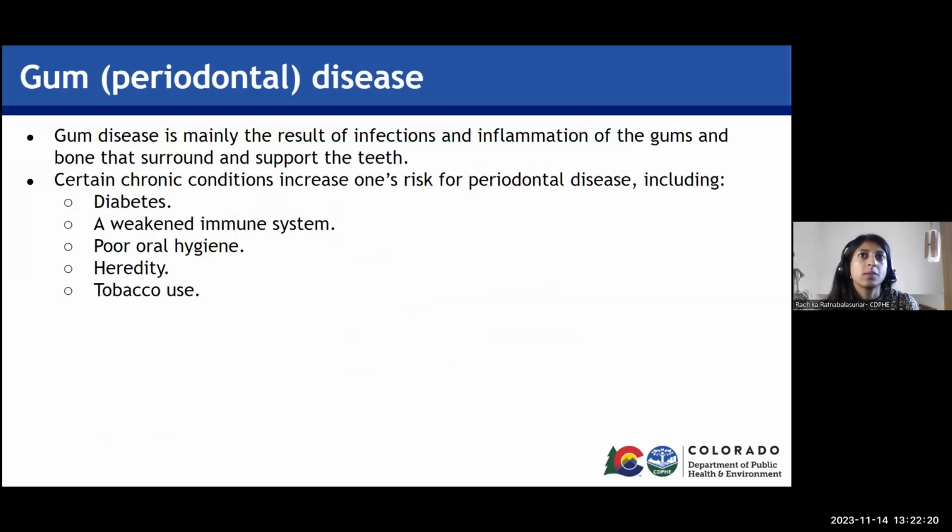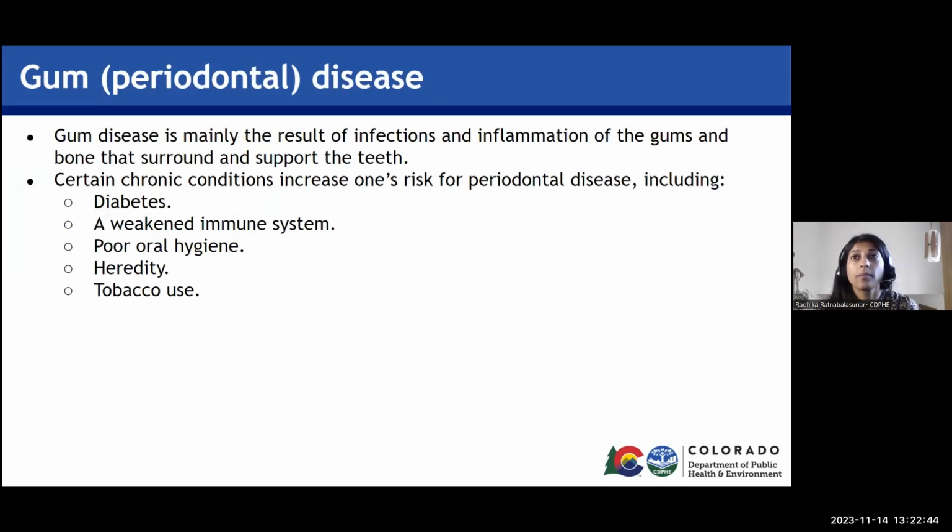So moving on to gum or periodontal disease. Gum disease is mainly the result of infections and inflammation of the gums and bone that surround and support the teeth. Certain chronic conditions will put you at risk for this type of disease, and that includes diabetes, a weakened immune system, poor oral hygiene, heredity, and tobacco use.